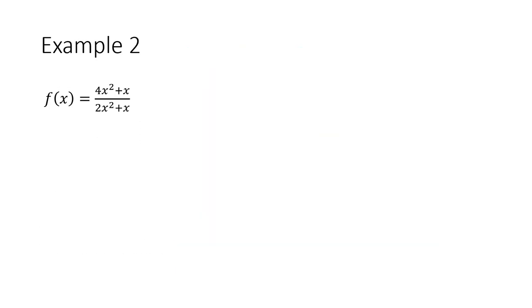Okay. Example 2 is really similar. Instead of just (4x plus 1) over (2x plus 1), we have (4x squared plus x) over (2x squared plus x). So we have this extra factor of x. And again, our first step when we're evaluating and looking at features of these functions is to factor.